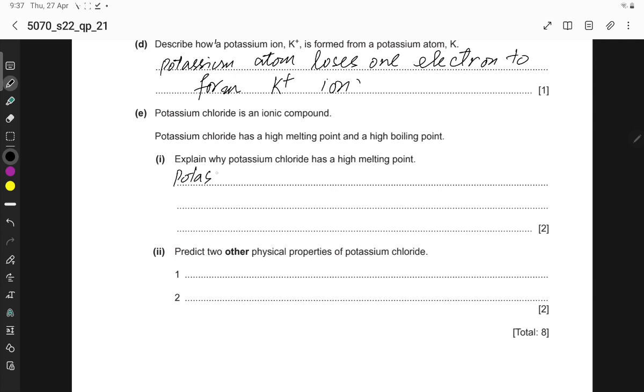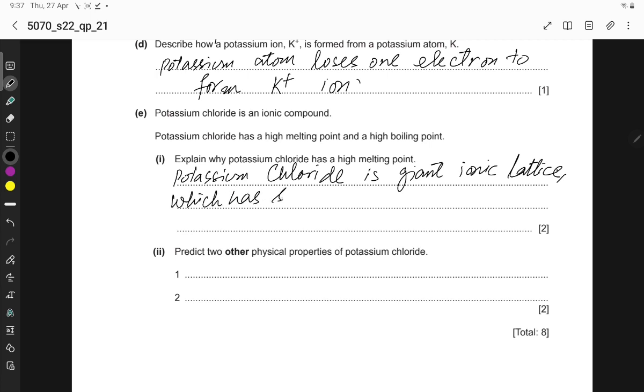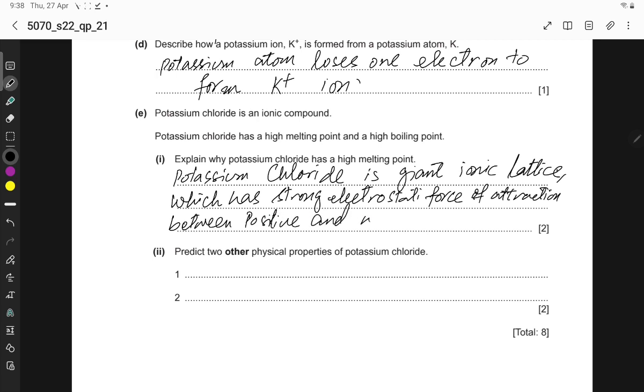Potassium chloride is a giant ionic lattice which has strong electrostatic force of attraction between positive and negative ions which require high energy to break.